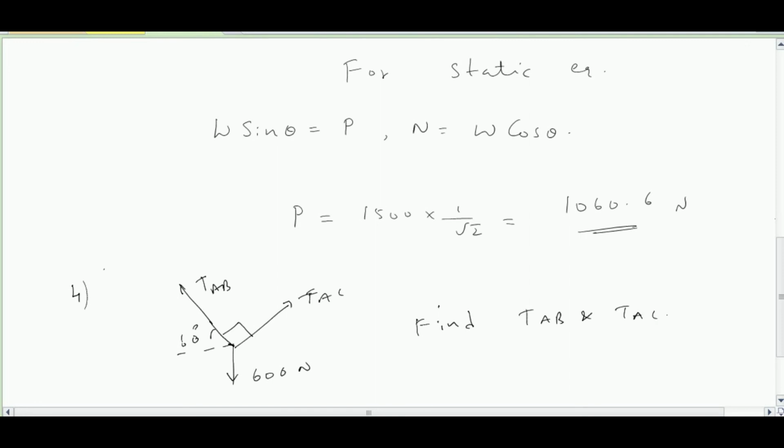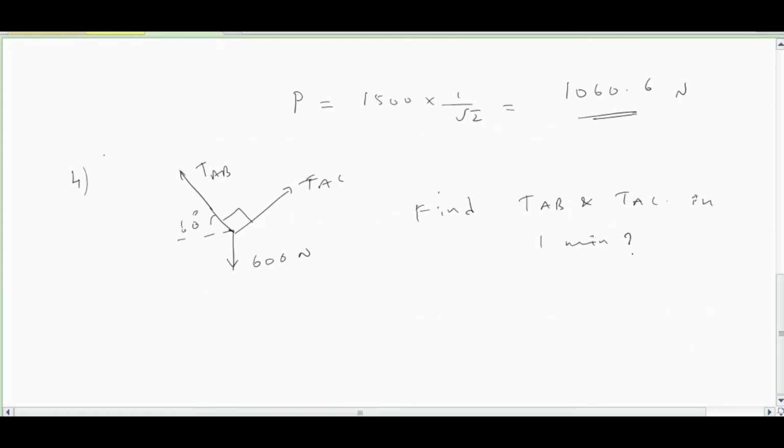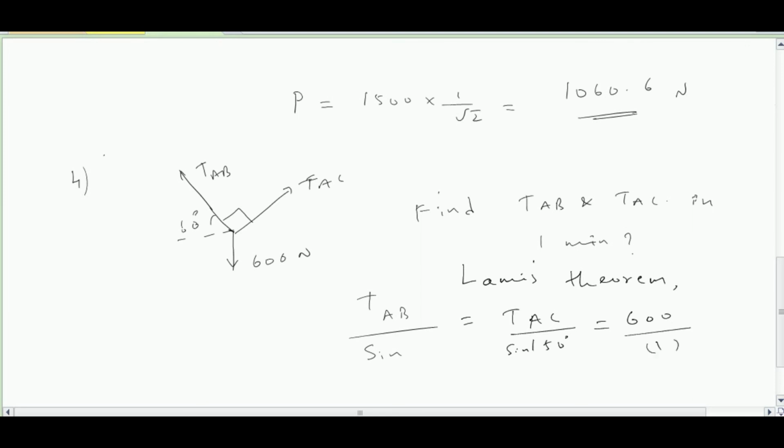It is similar to the previous problem, so let us solve it in 1 minute. Solve along with me. Find TAB and TAC. I'll give a hint: this problem can be solved with Lami's theorem. All you have to do is find the angles between them. This is a very simple problem. You can solve it within 40 seconds. Pause the video and solve it, and check the solutions at the end of the video.